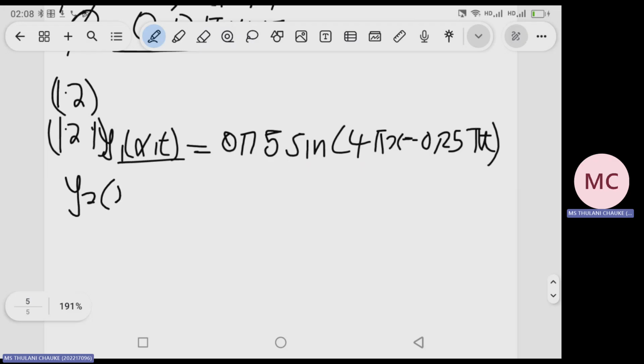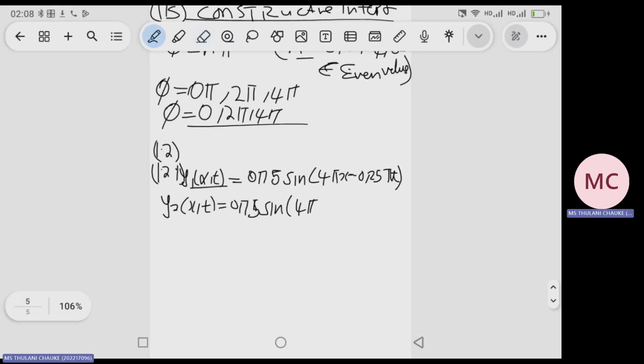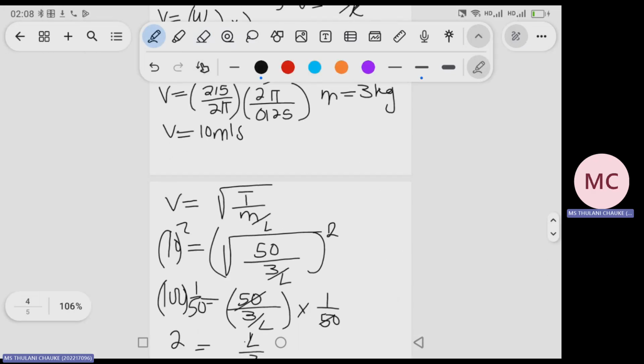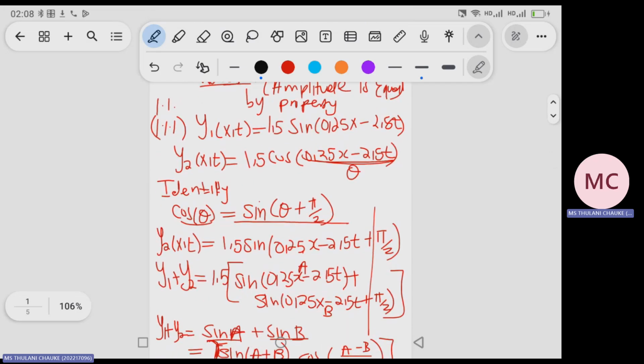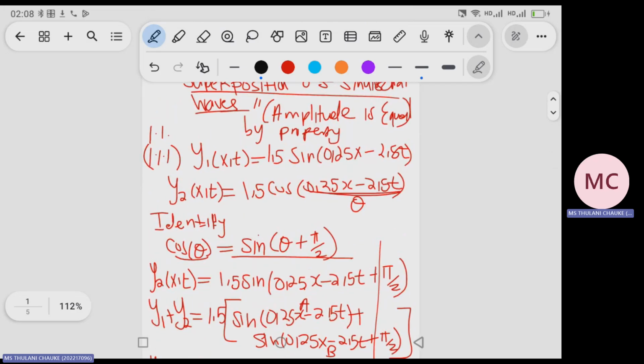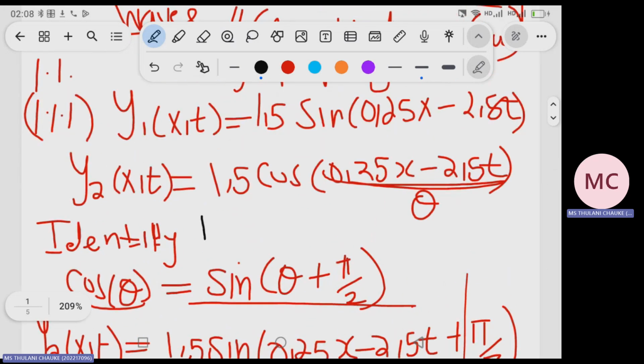These equations have the same amplitude, and in most cases the angular frequency and the amplitude are usually the same.